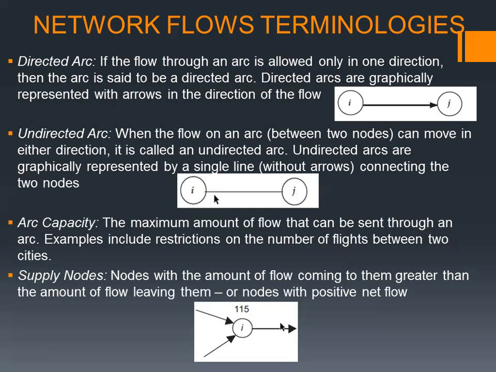Now, on an arc, you will have to represent the weightage of the arc. The weightage may be integers or numbers indicating the flow quantity. It can be the time of travel, the cost of travel, or the number of passengers flowing from one place to another.